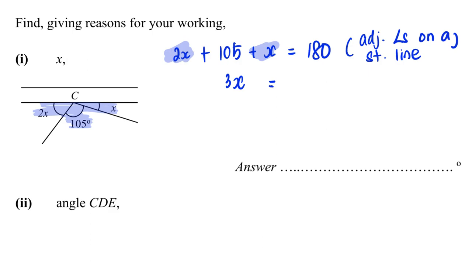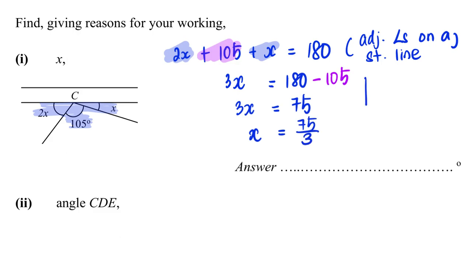I'm going to minus away 105 on both sides so that you will see this as the next working. So 3x will be equal to 75. So my x will be equal to, if 3 of the x's are 75, how much is 1x? Yes, I'm going to divide by 3. So final answer, my x will be equal to 25. That's for part 1.